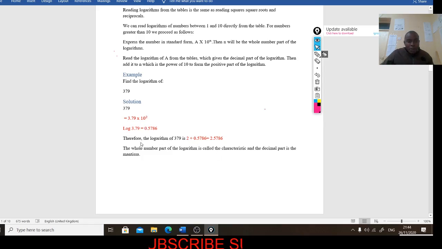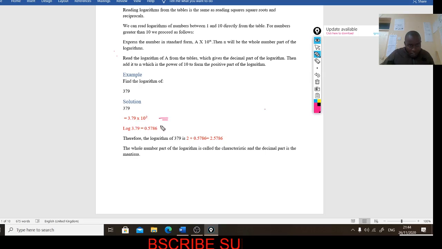So that means that we write them now in the form of base 10, because this is the logarithm of 3.79. So this times this is the same as this one.